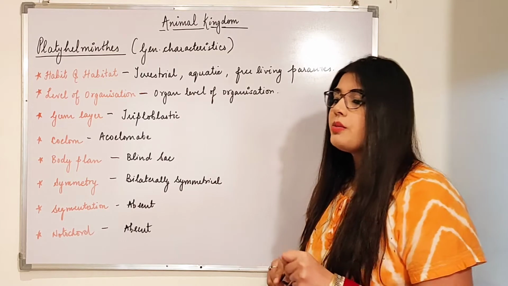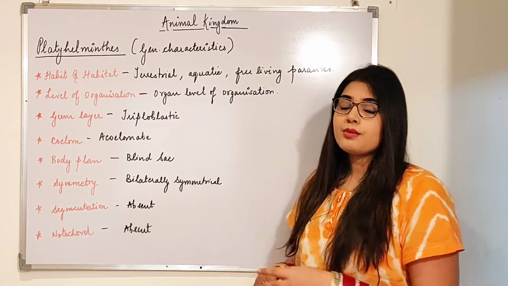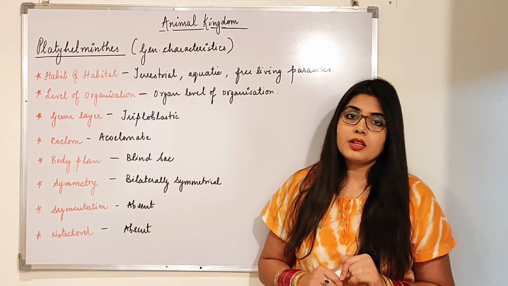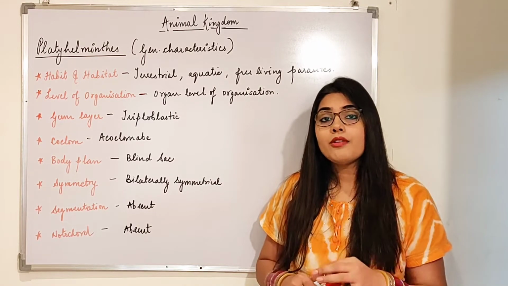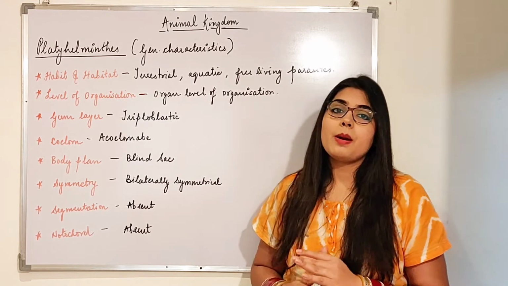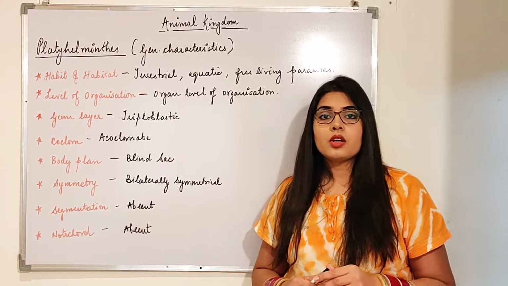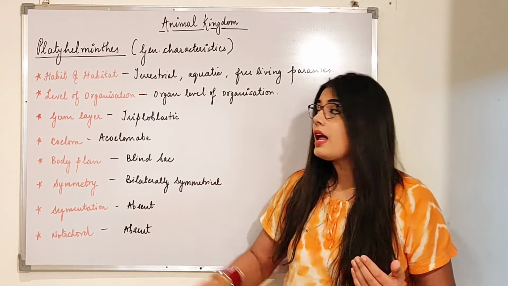So I just want to tell you, beta, the pattern in which we will be following the rest of the phyla also will remain the same, right? The pattern will entirely remain the same. You have to jot down all the points, you have to memorize all the points in the same manner, in the same fashion. Okay, you don't have to arrange it in a haphazard manner like in this, beta.